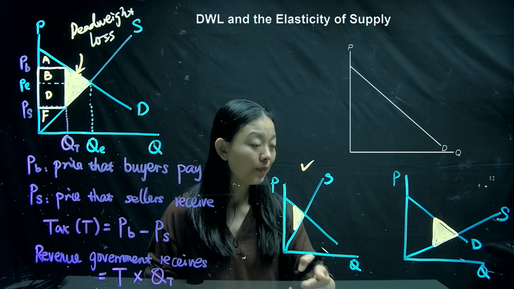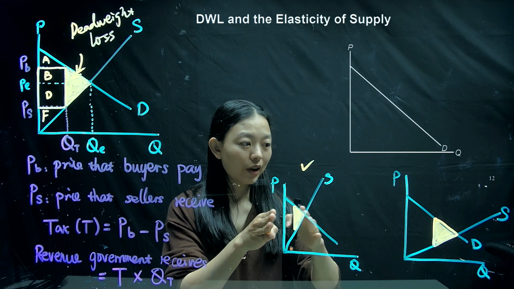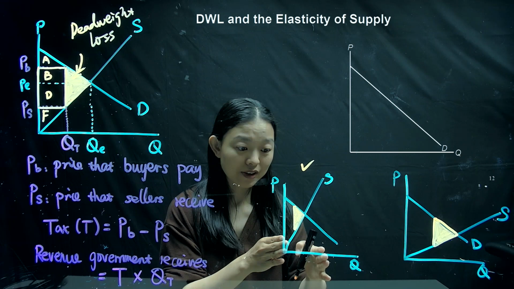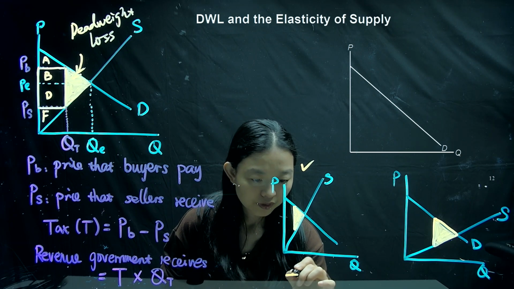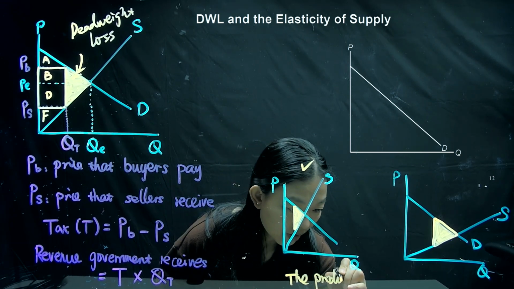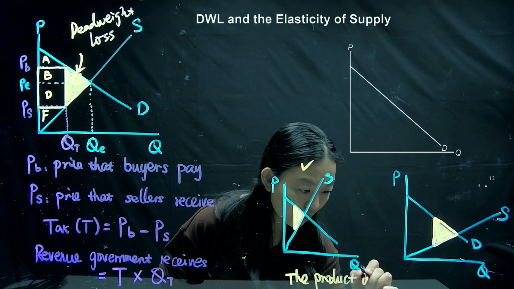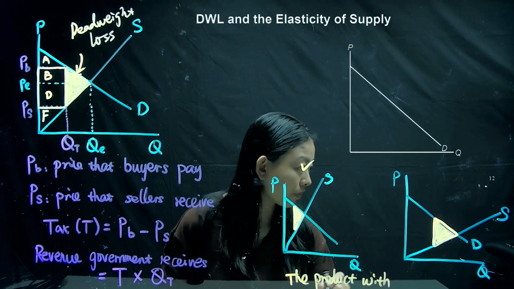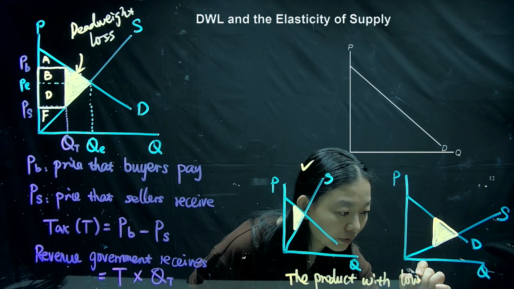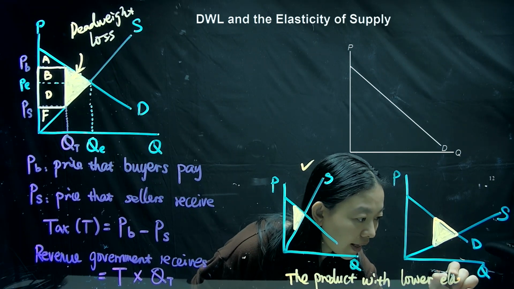So you can see which goods or services the government should try to impose tax on. The product, either goods or services, with lower elasticity.